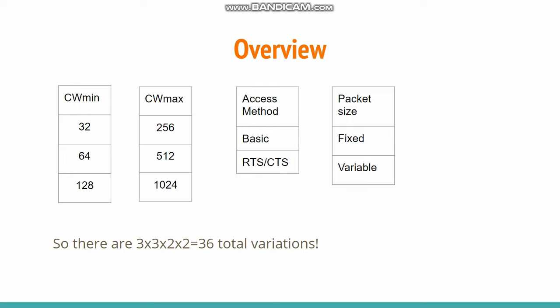Two access methods of BASIC and RTS-CTS were analyzed, and the packet size was assumed to be either a fixed amount or a variable amount, both of which will be discussed in detail in the next slide. So 3 times 3 times 2 times 2 total variations were studied, which makes it 36 in total.